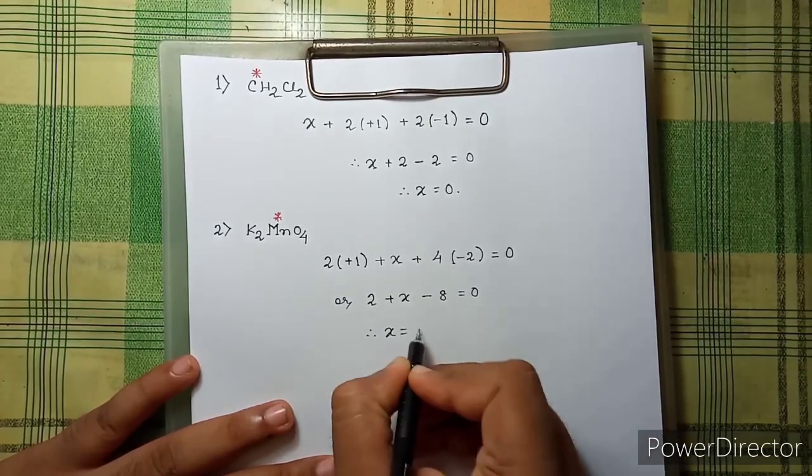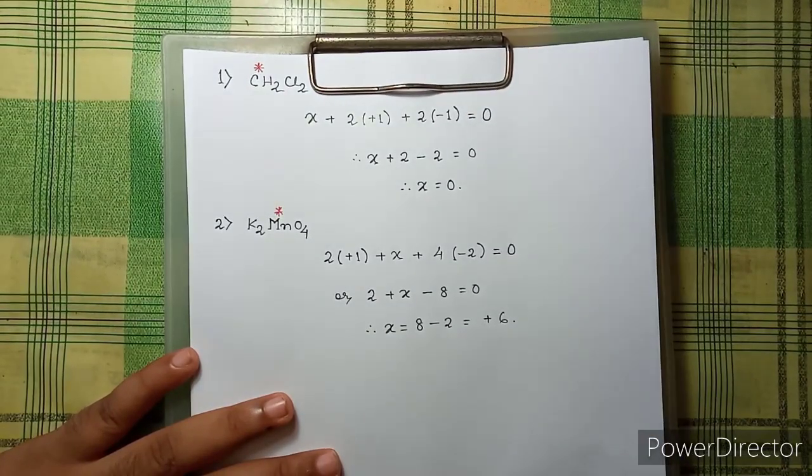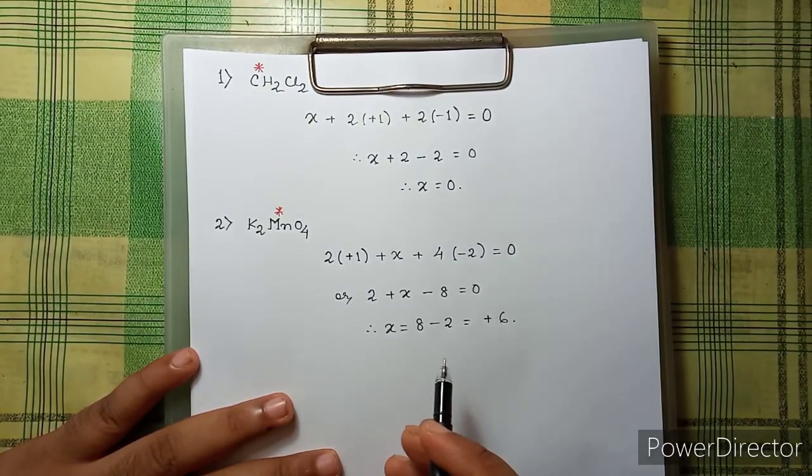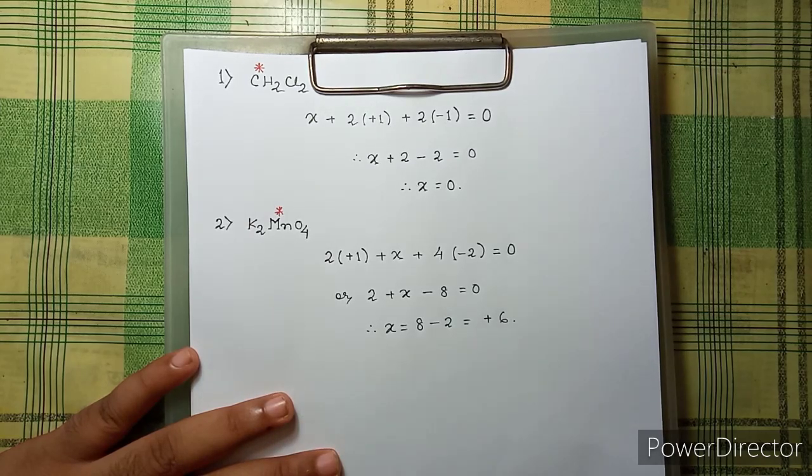Therefore X equals 8 minus 2 equals plus 6. So the oxidation number of manganese in potassium manganate is plus 6.